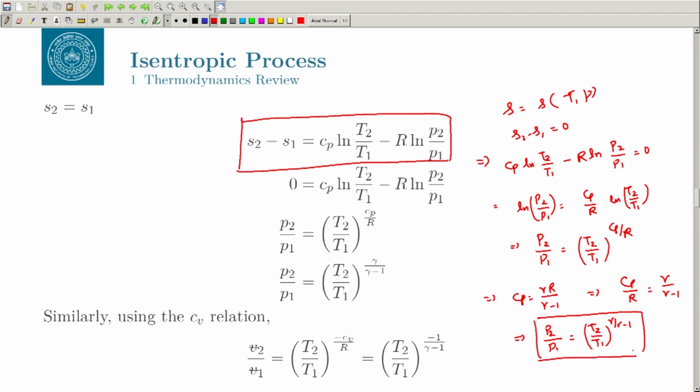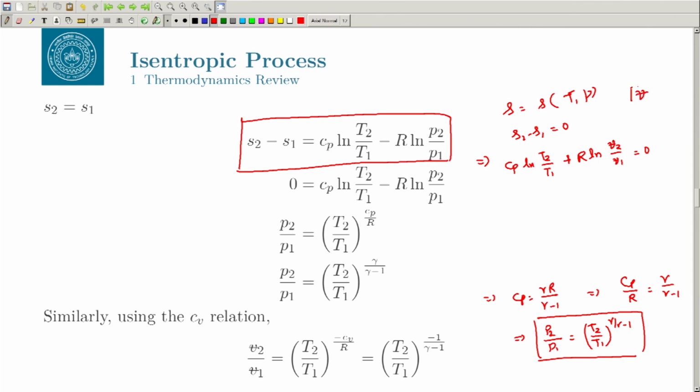So, we got the relation of pressure with temperature, or the change in pressure with the change in temperature, for an isentropic process. Similarly, if you use the other relation, do you remember what relation was between the temperature and the volume? The relation was Cv ln T2 by T1 plus R ln V2 by V1 equal to 0. Once again, this V is the specific volume.